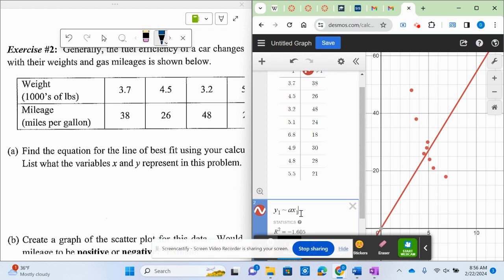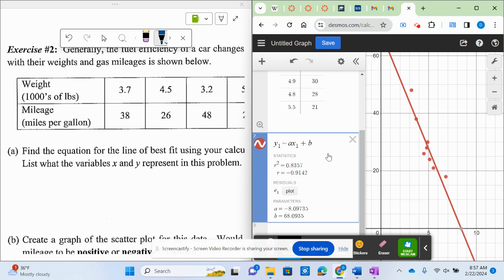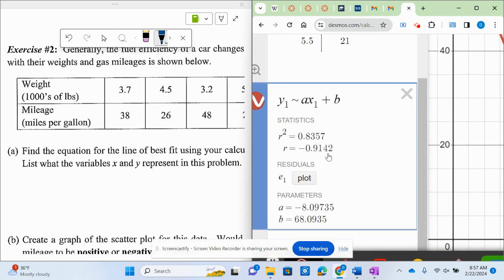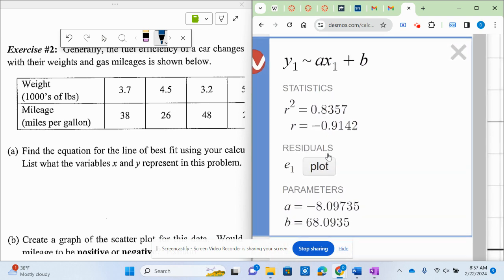Then AX1 plus B, and that will give you your equation. That's what you're typing in to get that equation: Y sub 1 tilde AX1 plus B.